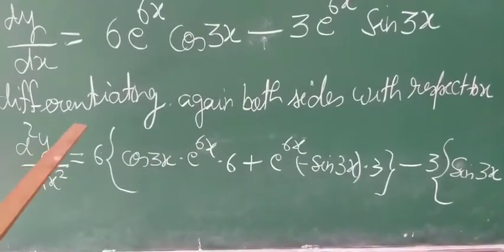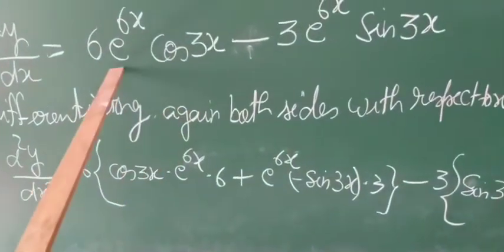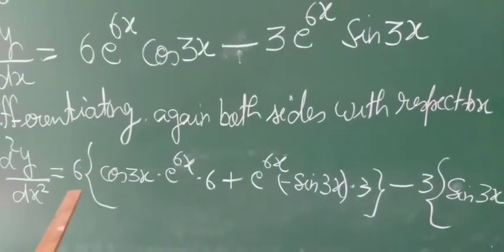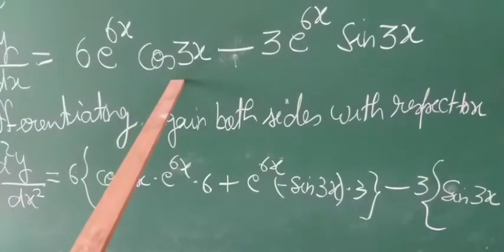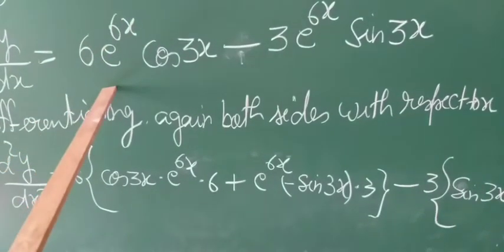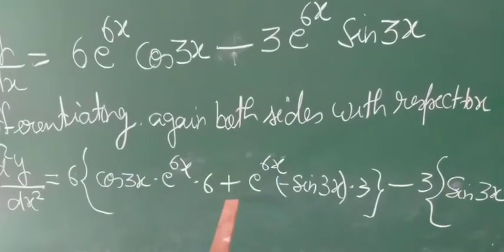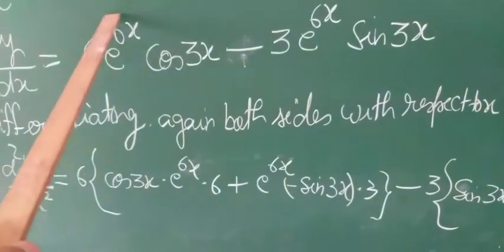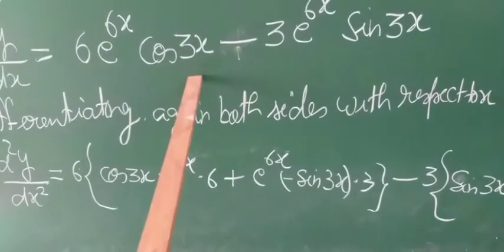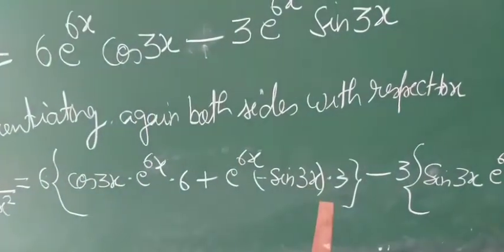Okay, students. Now again we are going to use the product rule here. The first term is e to the power 6x, the second term is cos 3x. 6 as it is, cos 3x into the derivative of e to the power 6x, e to the power 6x, then the derivative of 6x is 6, plus, now e to the power 6x will be as it is, the derivative of cos 3x is minus sin 3x, and then the derivative of 3x is 3.